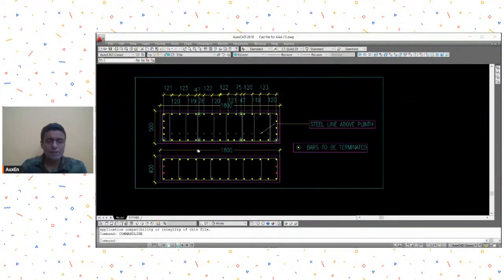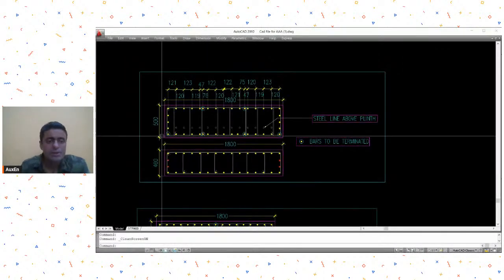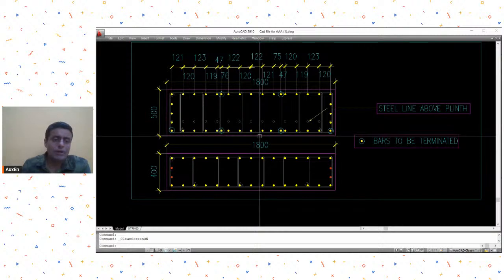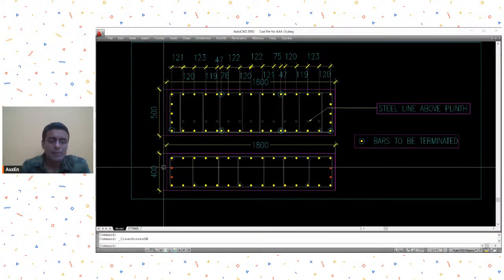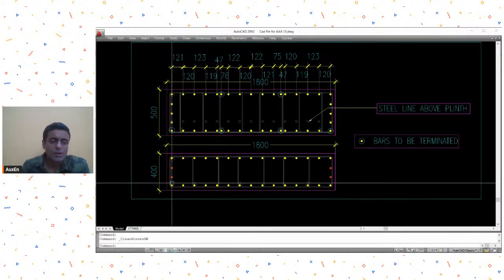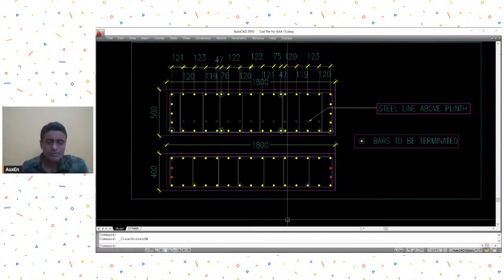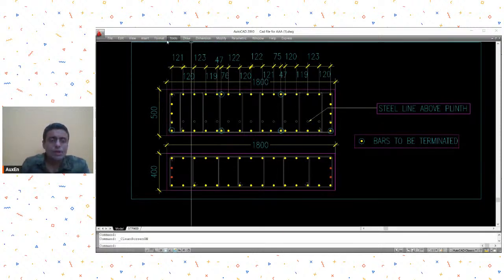I guess this is the image that he wanted us to see. Can you see this image? At the lower floors, the column is 500 by 1800. At the upper floor, the column is going to be 400 by 1800. So how to take these columns?